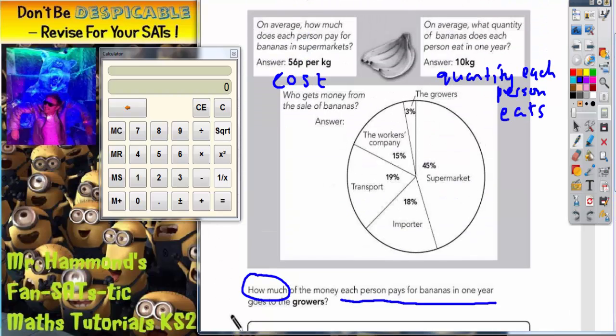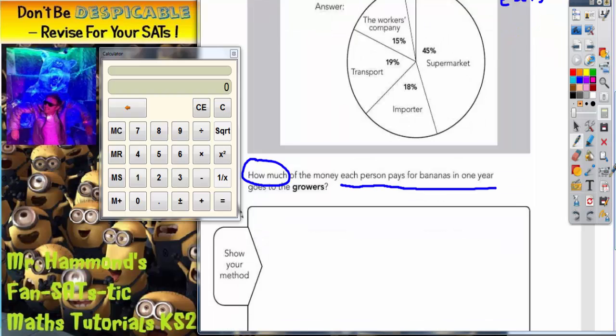So what information have we got to go on? Well, first of all, we know how many bananas each person eats each year. That's 10 kilograms, and we know the cost per kilogram. So we can first of all work out how much each person pays per year. So let's do that.